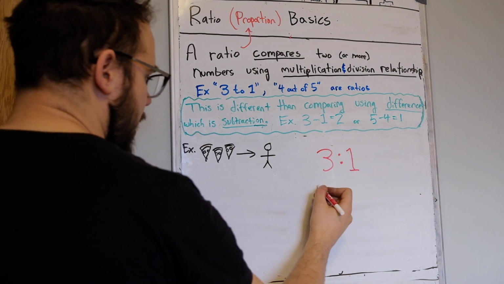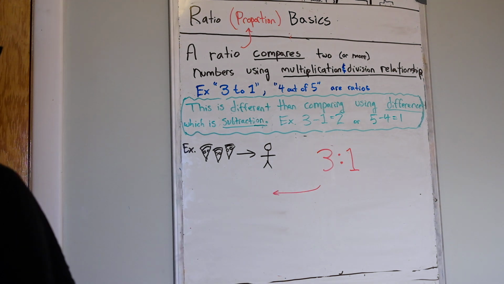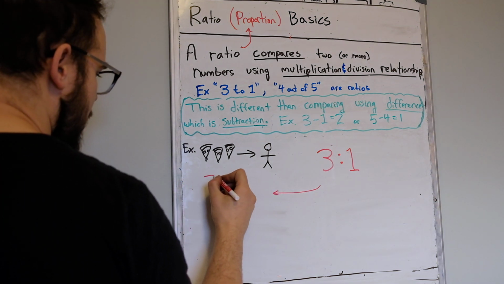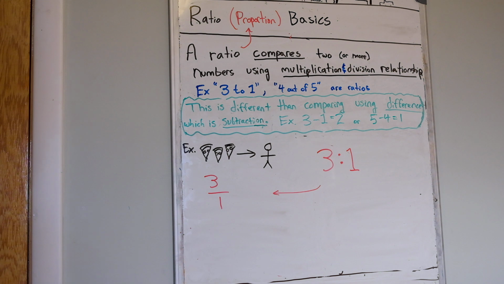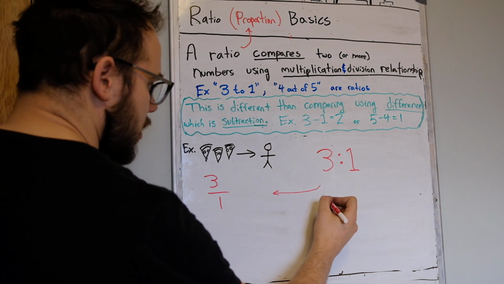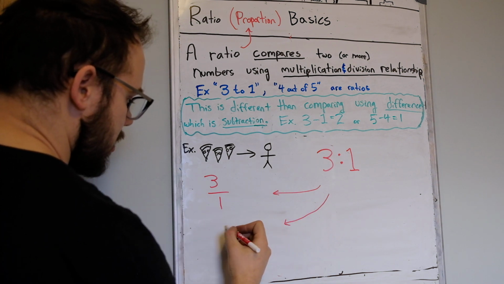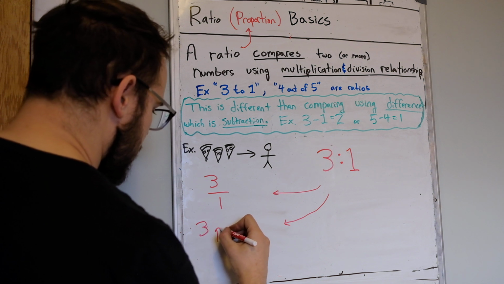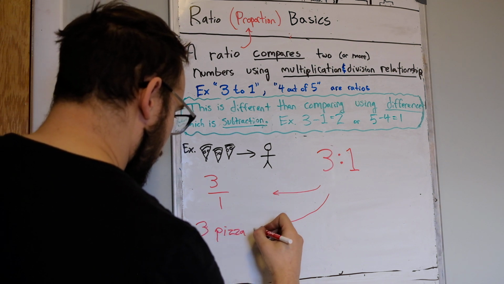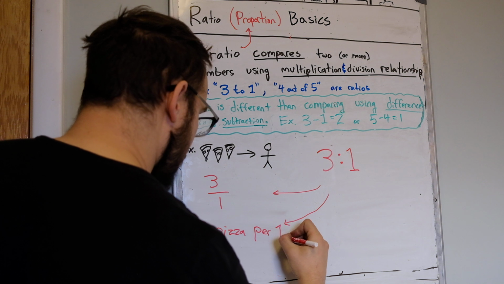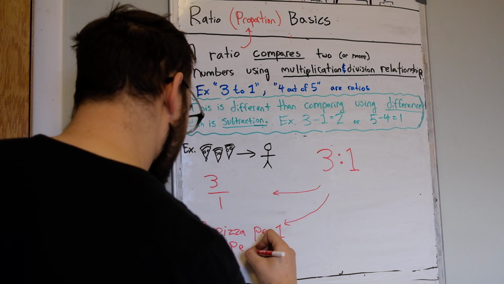And there's a lot of other ways we can think about this. So 3 to 1, we could write it as a fraction. We could write it as 3 over 1. We could write it as 3 pizza per 1 person.